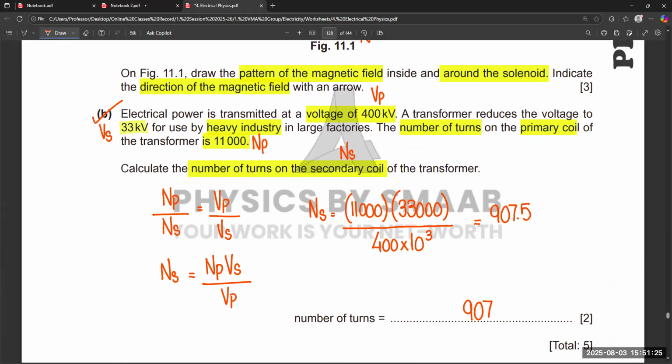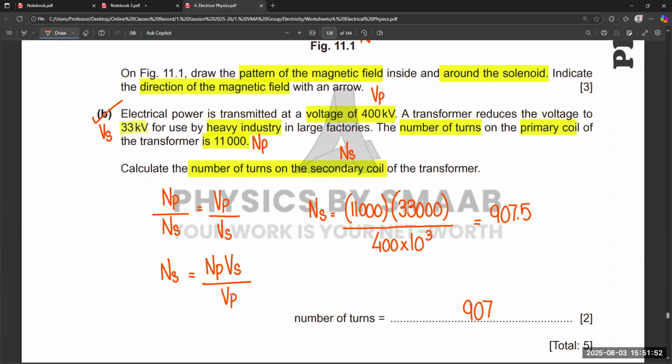So there will be 907 turns in the coil in this transformer to maintain the value given in the question, right? So these are some questions related to the transformers and the concept of electromagnetic induction.